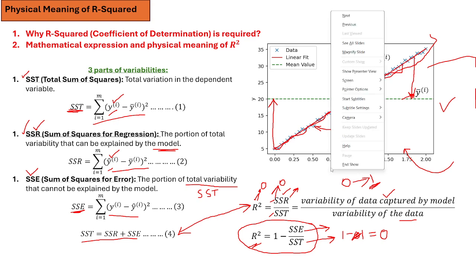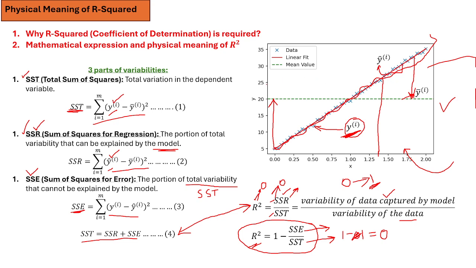So this is our linear line, and this means that this line hasn't been able to capture our data, or the variability of our data, at all.